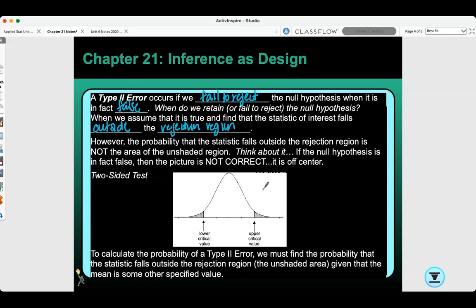So we'll show this in a two-sided test. This is your rejection region. And here we have our rejection region as well. This is a two-sided test, so you need to remember that this is alpha over 2.